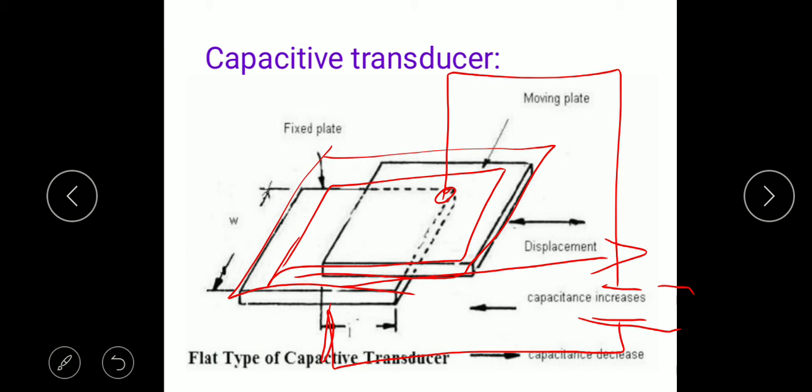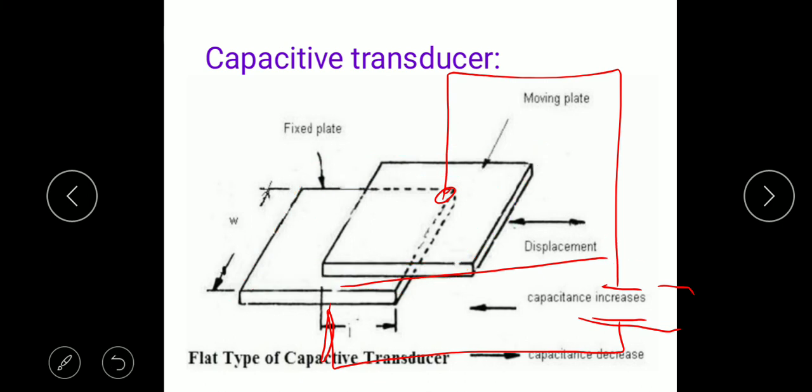So that means according to the displacement, the capacitance will change. If the displacement is minimum, then the capacitance will be maximum. If the displacement is maximum, then the capacitance will be minimum. In both cases, whenever displacement occurs, the capacitance changes accordingly, and that explains the principle.